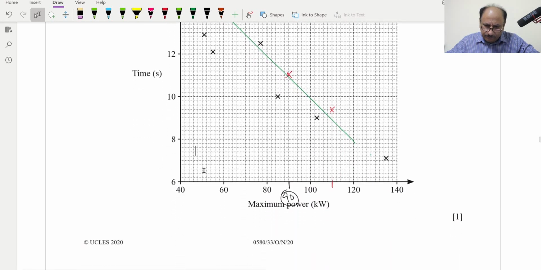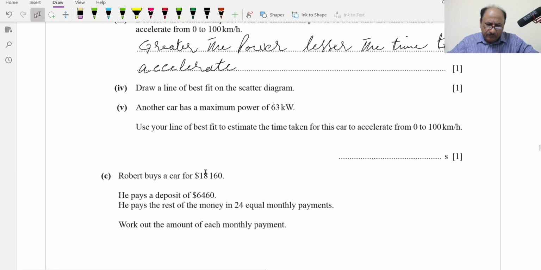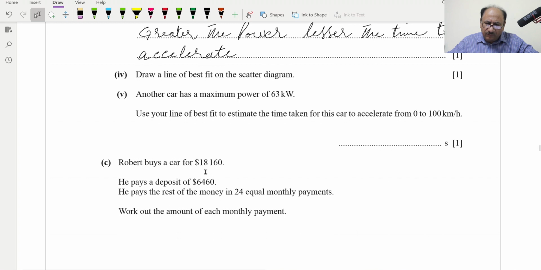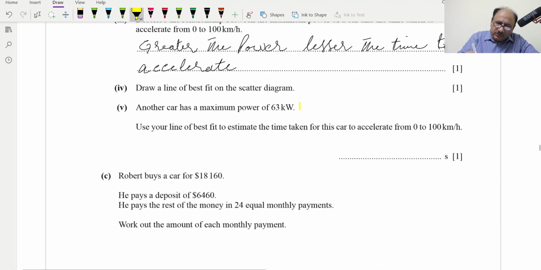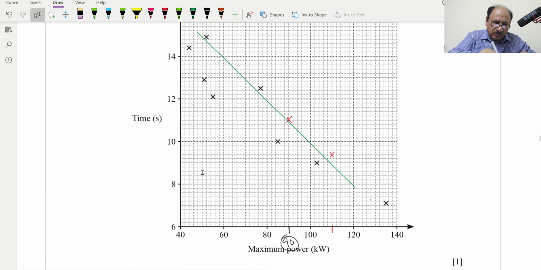And then comes the next part. After drawing the line of best fit, another car has a maximum power of 63 kilowatt, and use your line of best fit to estimate the time taken for this car to accelerate from 0 to 100. So for 63 kilowatt we will be checking the reference. This is 70, so 63 will be around this one.